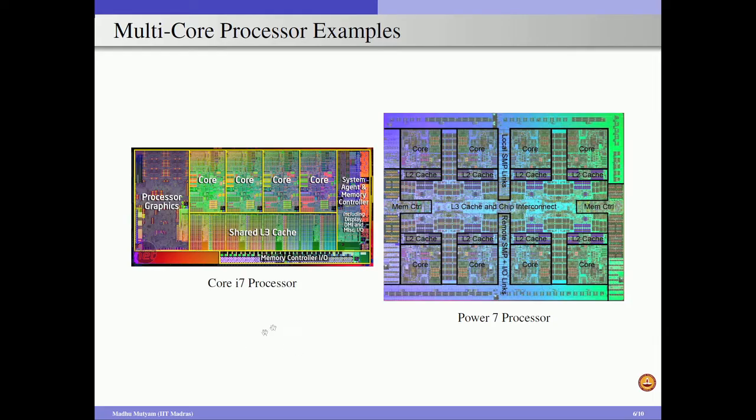As a result, these multi-core processors are going to improve the overall performance of the system. Once we have these multi-core processors, the question is whether we have to consider all the cores similar in type, or do we have to consider a different collection of cores in our multi-core system.